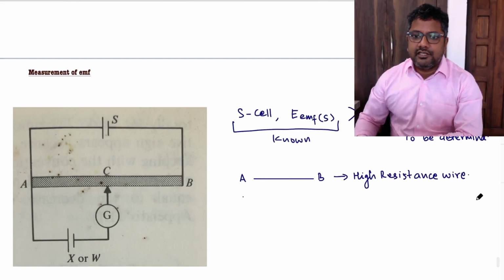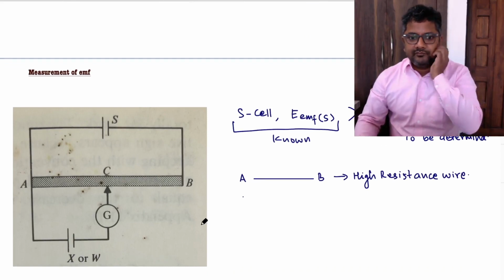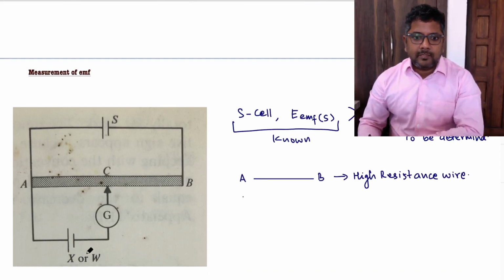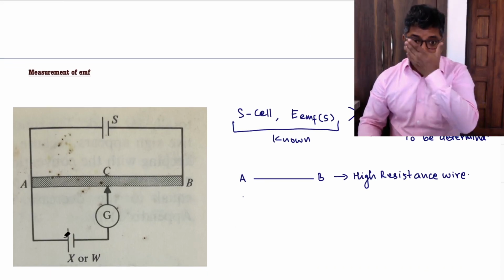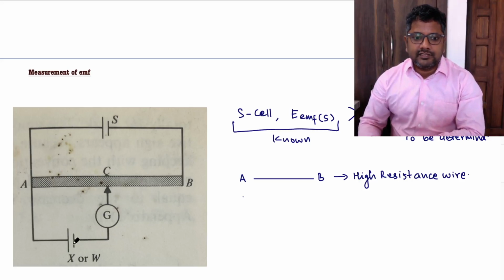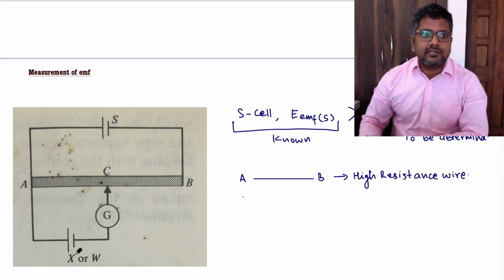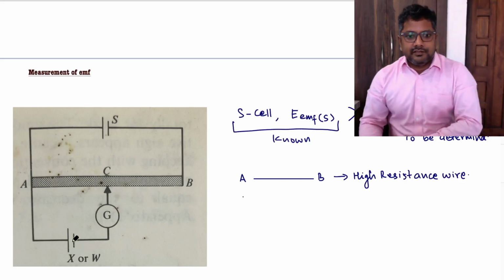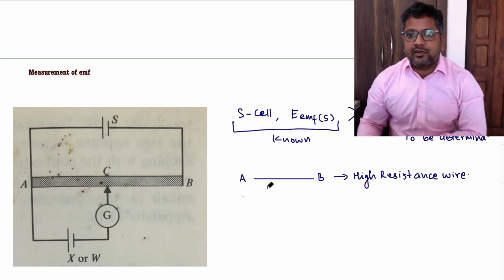Now what is G here? G is the galvanometer, with which we can measure the current, and this X or W is the test cell or test battery, you can say, of which the potential is to be determined.